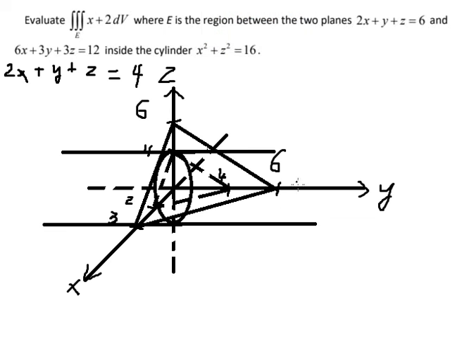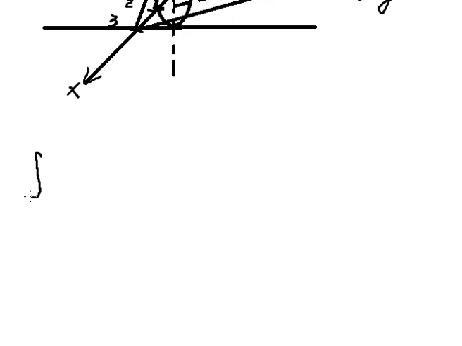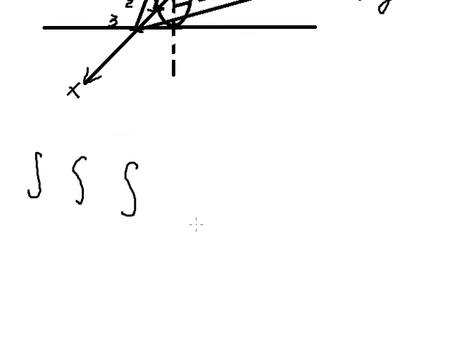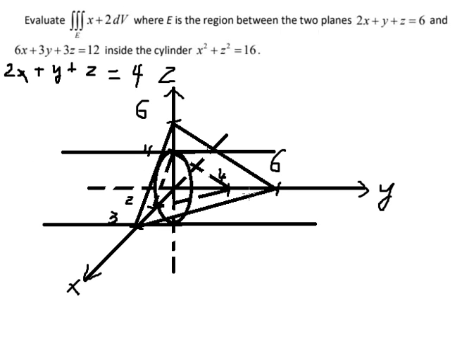Now we need to put the bounds for the region in here. Because we have x squared plus z squared, the first one we need to concentrate on is dy.